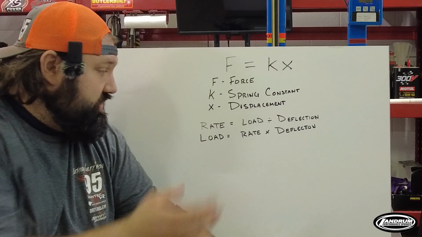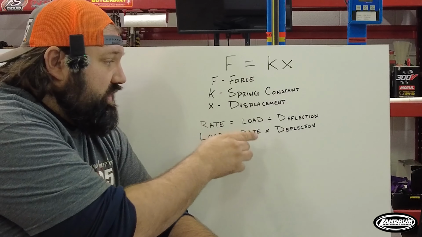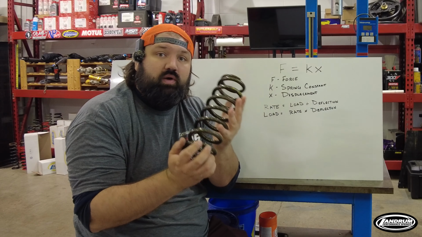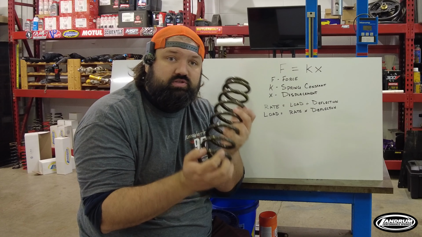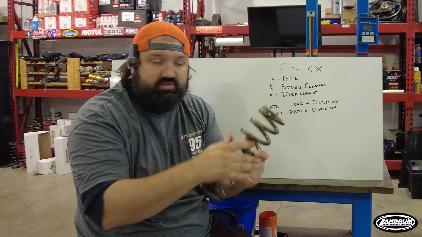Using that same equation, we can instead solve for load, where load equals rate times deflection. We know this is a 250 pound spring. We want to know how much load it's going to produce at 2 inches of deflection. So we take 250 times 2, and you get 500 pounds of load.